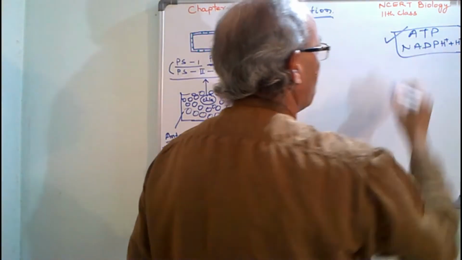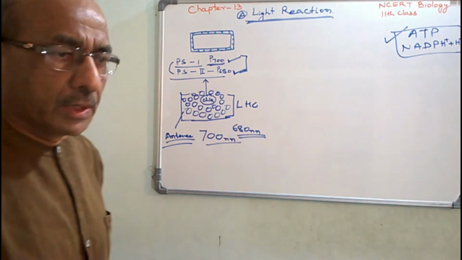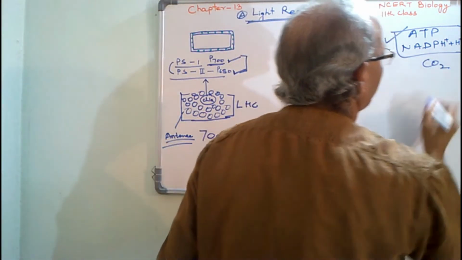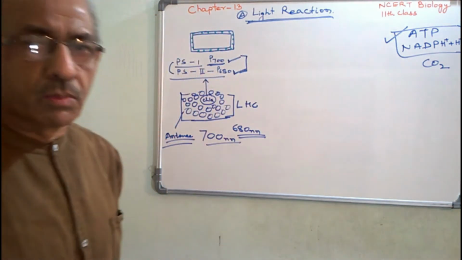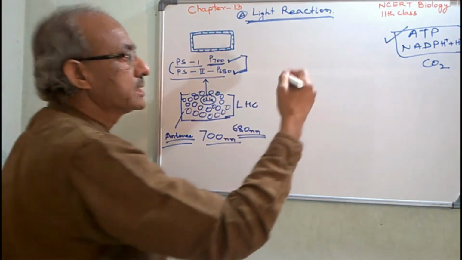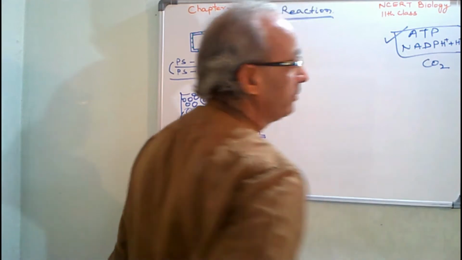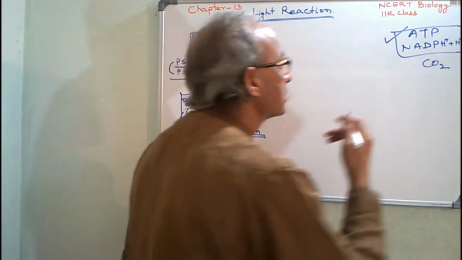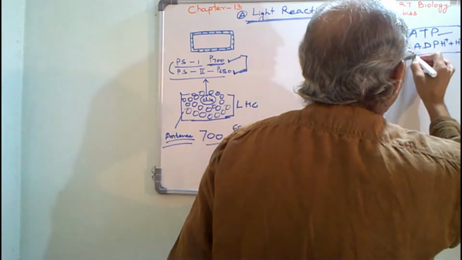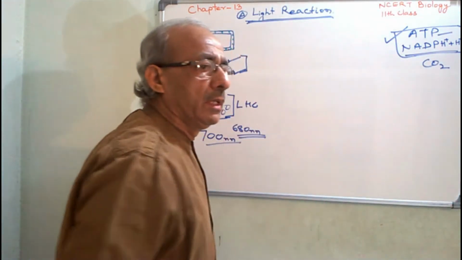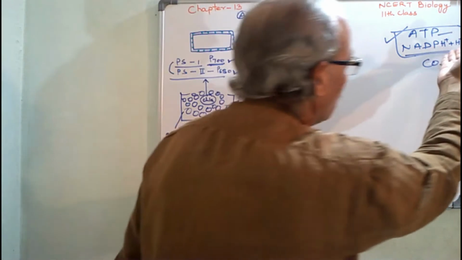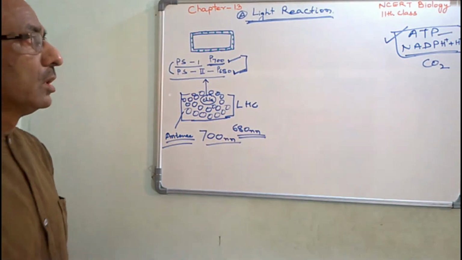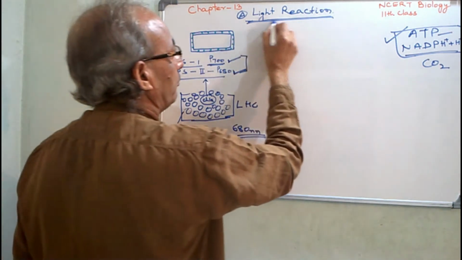They are responsible for the reduction of carbon dioxide into carbohydrate. So synthesis of high energy chemical intermediates like ATP and NADPH2 is the main goal of light reaction.